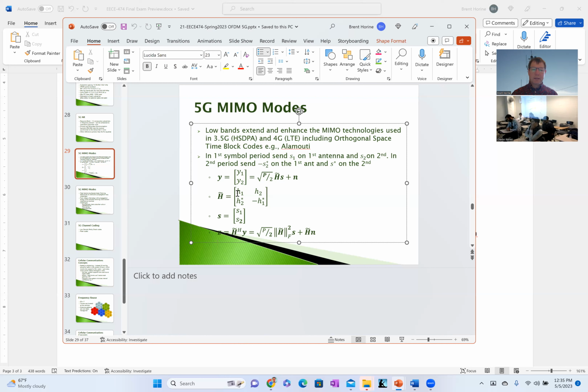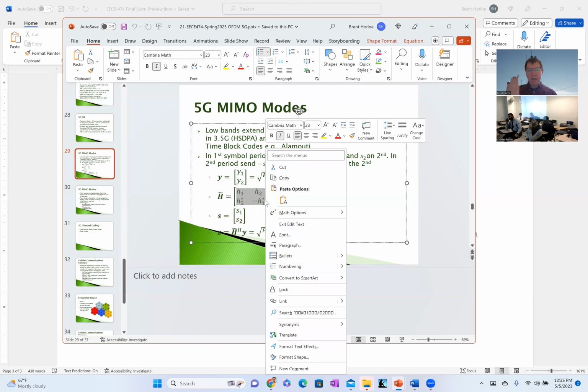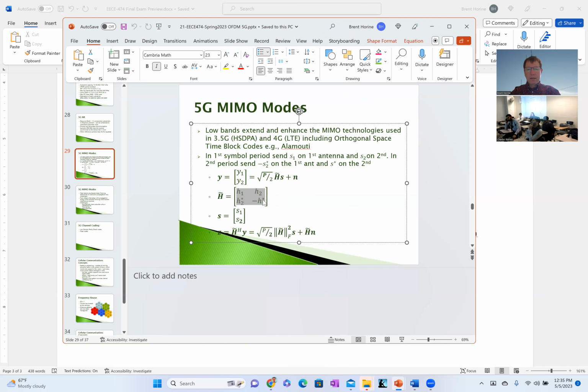So that's done using this specialized pattern here that's reflected in our H matrix, right? And this is our channel response matrix.